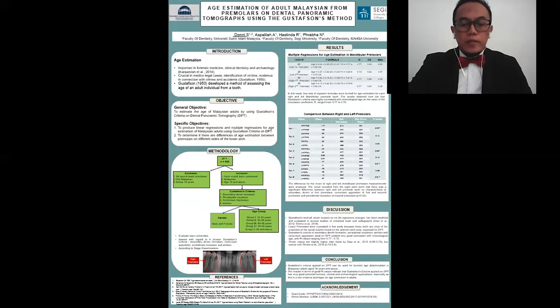Results from this study show that the 4 characteristics found by Gustafson have strong correlation with chronological age. In addition, this research may be useful for validation and comparison with other similar Mongoloid population studies in the future.